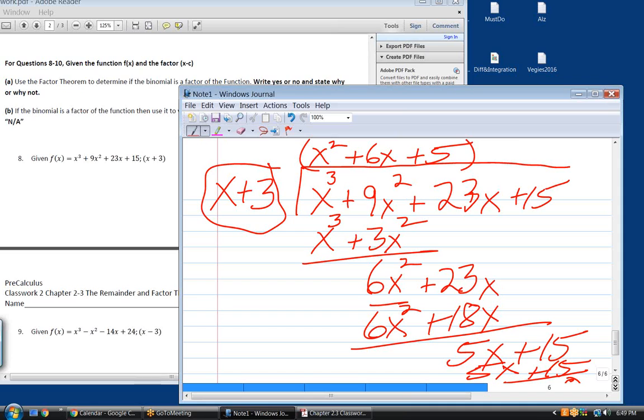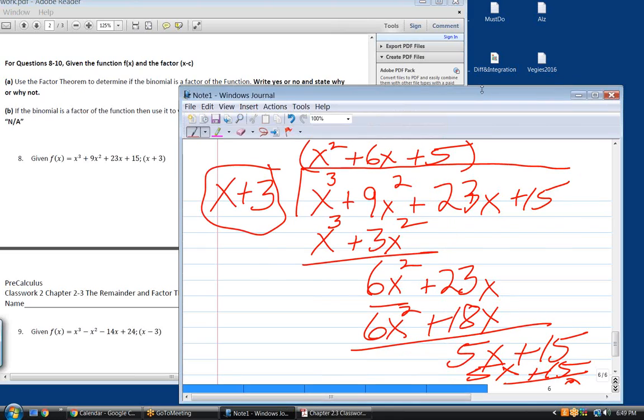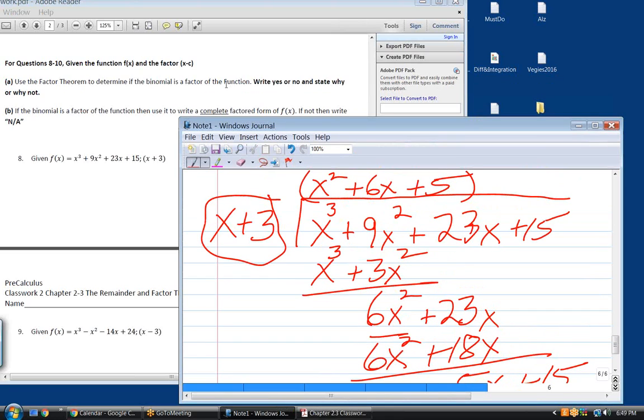Okay, so we've answered A. I'm not sure we've used the factor theorem, but I guess we have. Write yes or no and state why or why not. Well, the answer would be yes, because there is a 0 remainder.